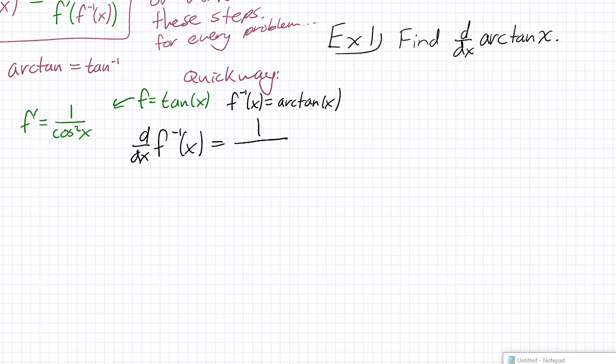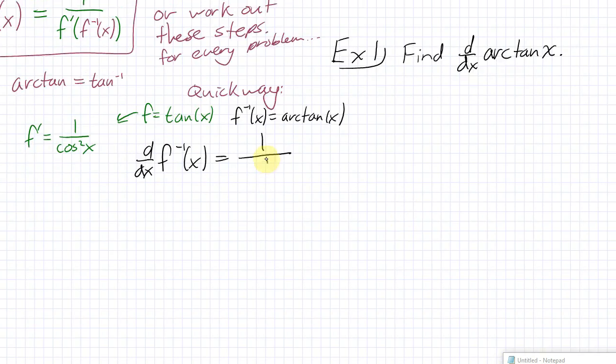And if we plug that in here, in the f prime place, that's 1 over cosine squared of x. But we're not plugging in x into it anymore. We're plugging in arctangent of x.